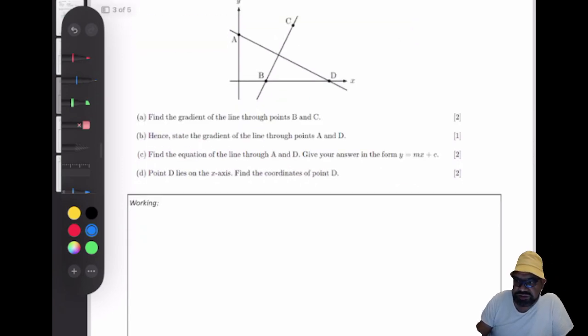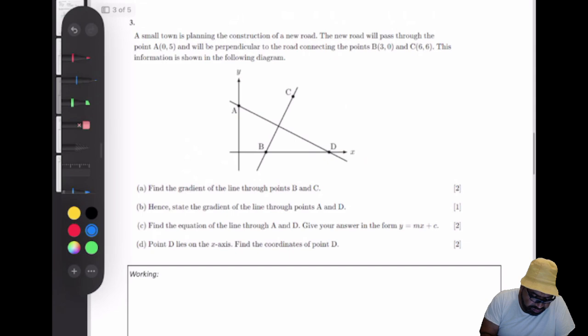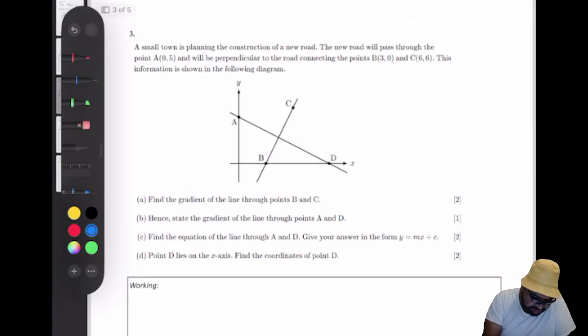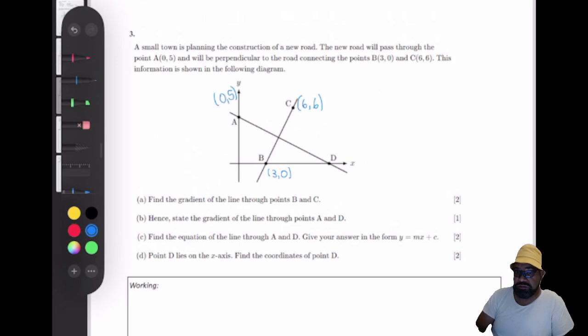Again, as I said to you, we can use the slope formula. To make it easier, let's label each point. I know A is (0, 5), B we know is (3, 0), C is (6, 6). Who is D? We don't know yet. Let's figure it out.